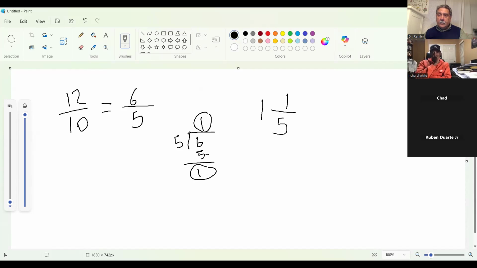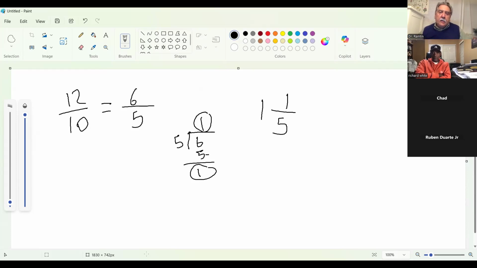Okay. All right. Got it. Good to go. I needed to see that one more time too. Are you clear now? Yeah, I'm clear now. I followed all the way to 12/10 and then 6/5, and then I was wondering how, once you have that 6/5, you make the mixed number, but you just divide it. Yep.